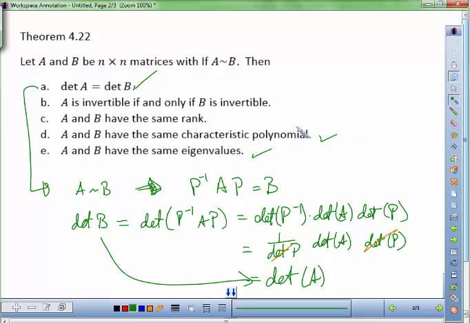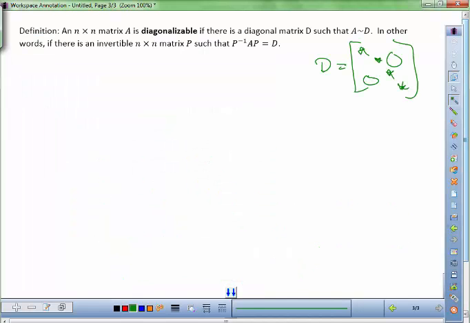Take a look at the last two, A and B. If A is similar to B, then A and B have the same characteristic polynomials, and the same eigenvalues. Do you remember what's special about the diagonal matrix?